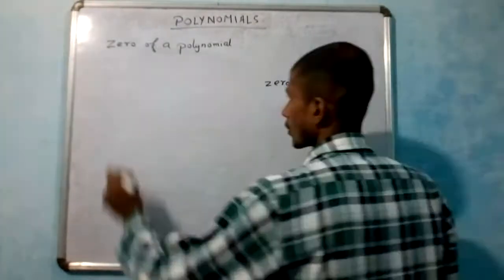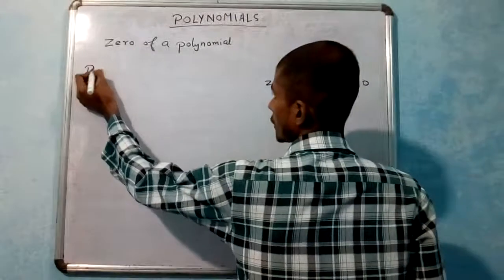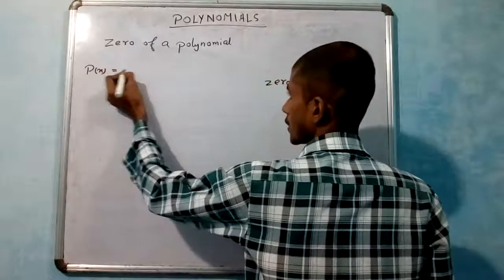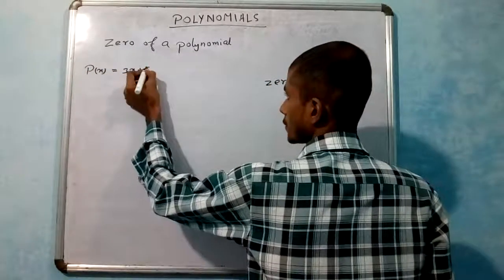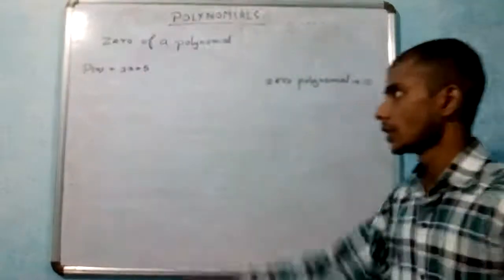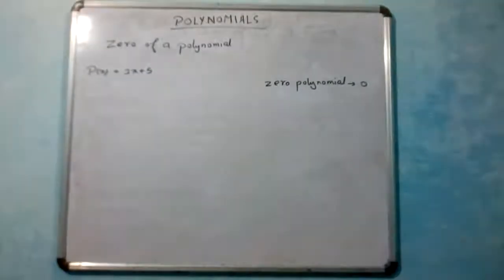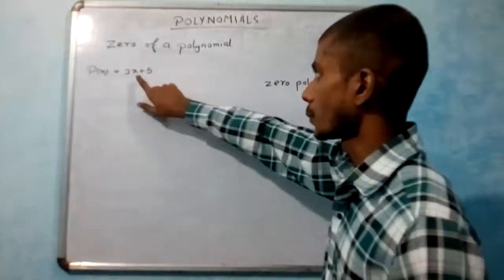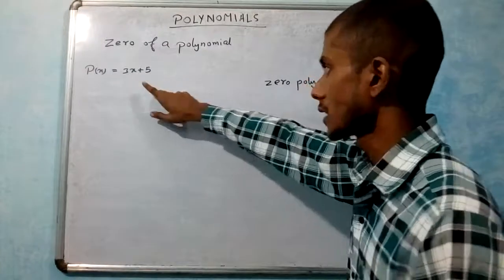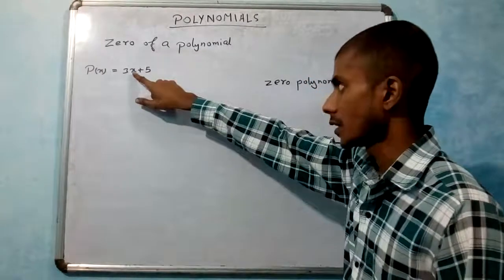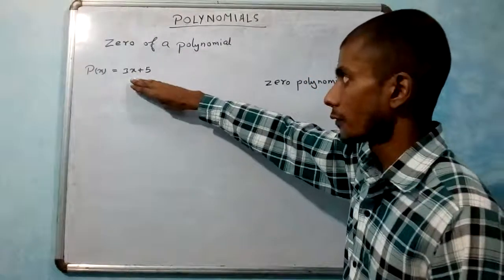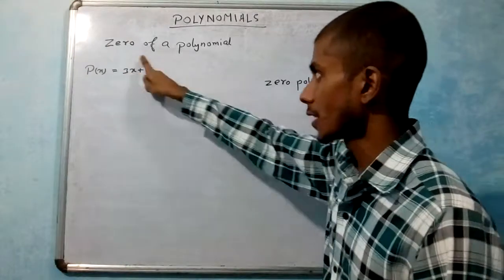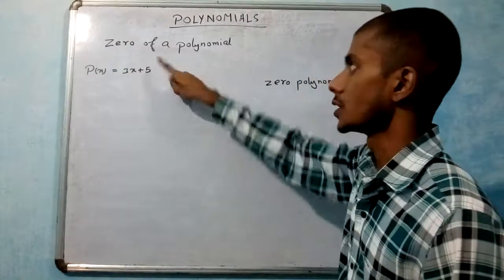Fine. Now let us see some polynomial. Let it be p(x) = 3x + 5. Okay? We have a polynomial 3x + 5. Now, what do we mean by zero of this polynomial? Zero of this polynomial means the value of x which, after substitution, makes the complete value 0.